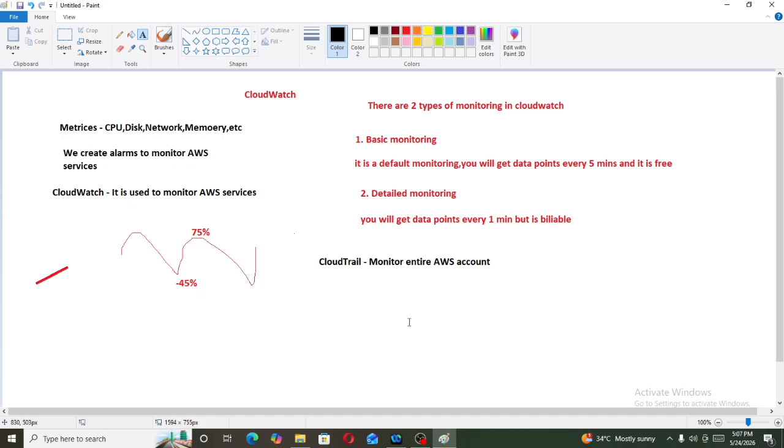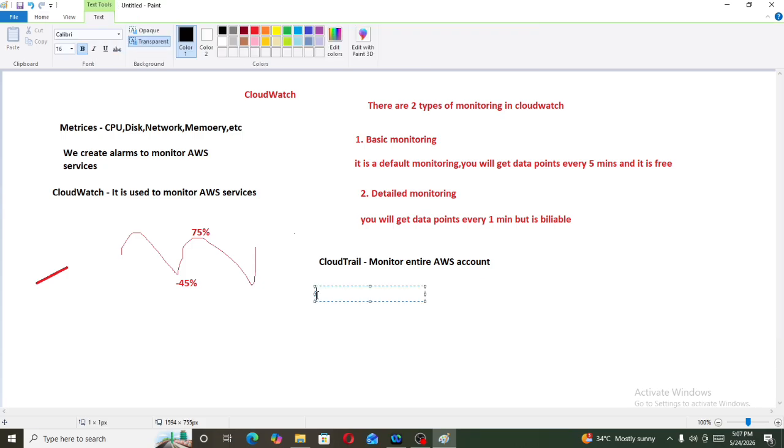Now there is another service in AWS called Config. One more service in AWS for monitoring is Config. An interviewer may ask you what is the difference between CloudWatch, CloudTrail, and Config. So CloudWatch is used to monitor AWS services. CloudTrail is used to monitor the entire AWS account. Whatever actions we do in AWS will be monitored by CloudTrail.